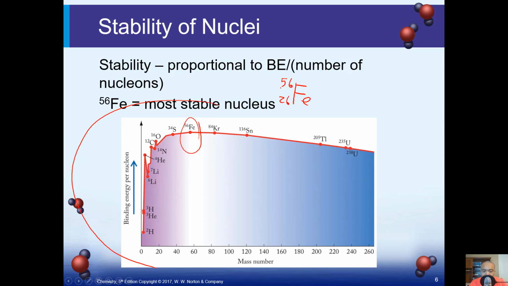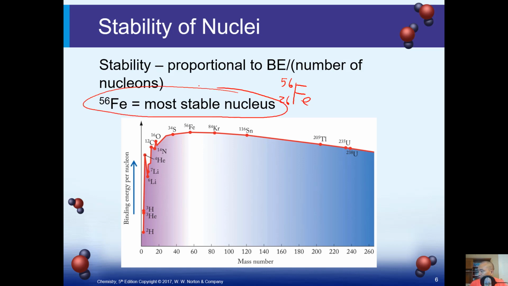For this very reason, stars with an iron core start to die out because they have run out of lighter elements that constitute a stellar fuel. The most important piece of information you should obtain from this slide is that iron-56 is the most stable nucleus.